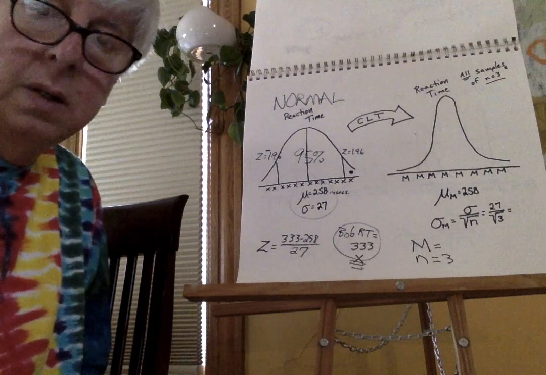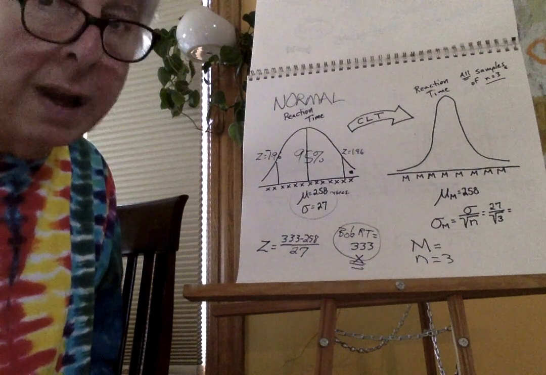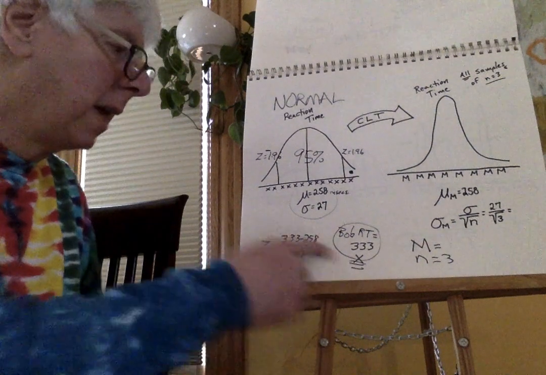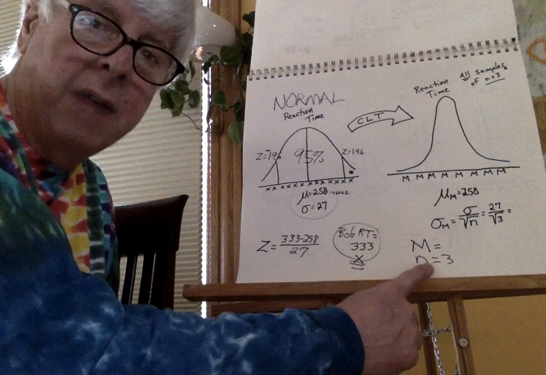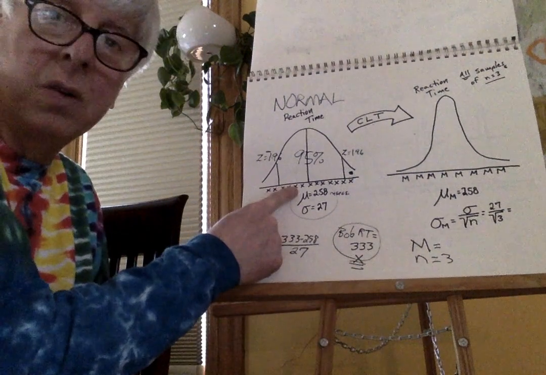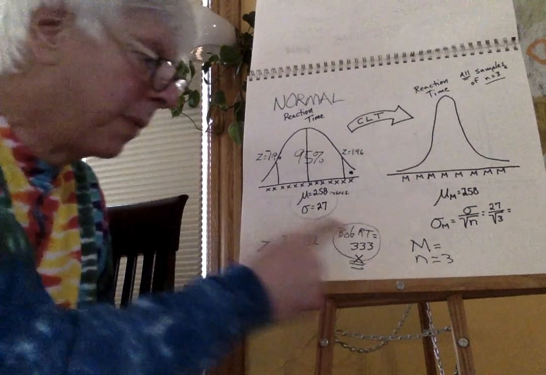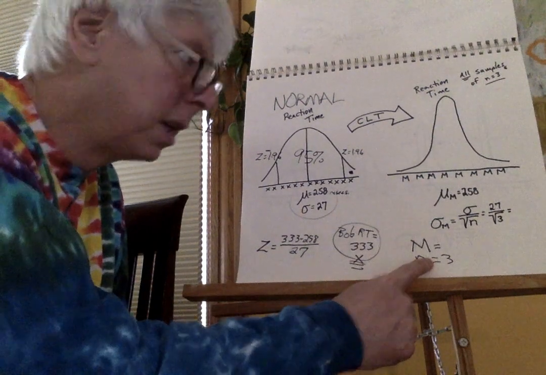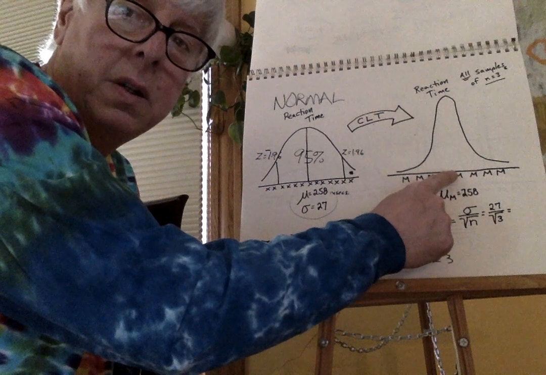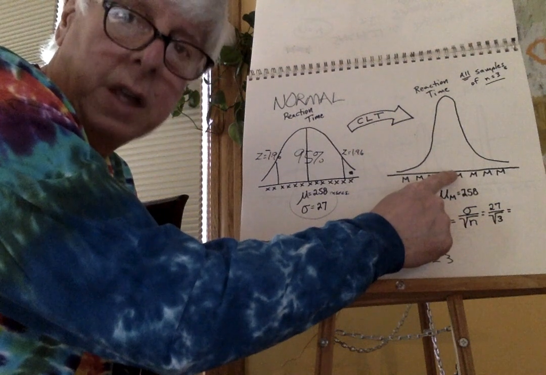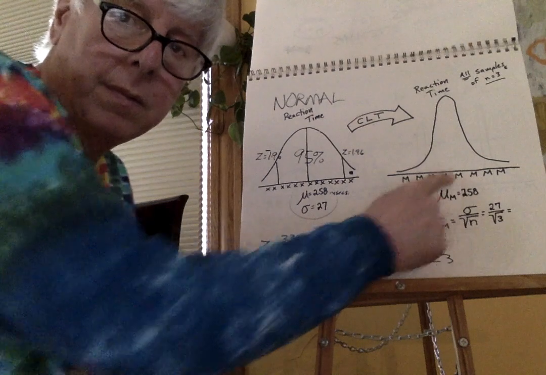Everybody with me? This is like comparing aardvarks and aardvarks, right? I don't want to compare Bob's average of 3 back over here to individual scores. I want to compare Bob's average of 3 to what samples of 3 look like. Okay?